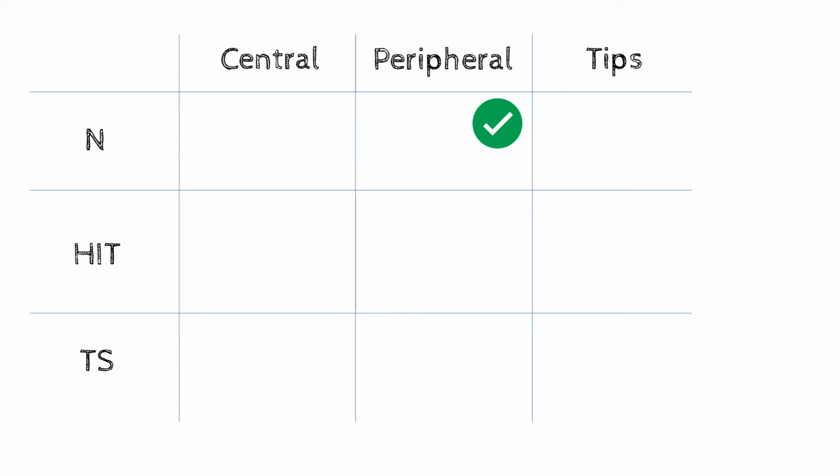Then, before jumping into each of the tests, it's important to know that in order for this HINTS test to be pointing towards a peripheral cause, you need all of the 3 tests to be pointing towards peripheral. If just one of them points towards central, then you cannot rule out stroke.